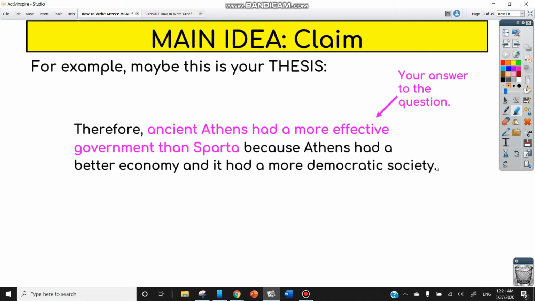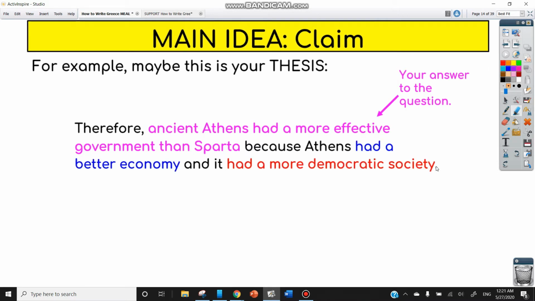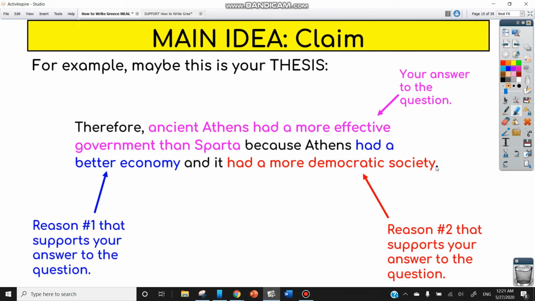As you can see, the first part of the sentence of the thesis is the answer to the question. So we're looking at option 2 as an example, and we're saying that the answer to the question is ancient Athens had a more effective government than Sparta. And as you see here, you have the 2 reasons that support this opinion. We have a better economy, and we also have a more democratic society.